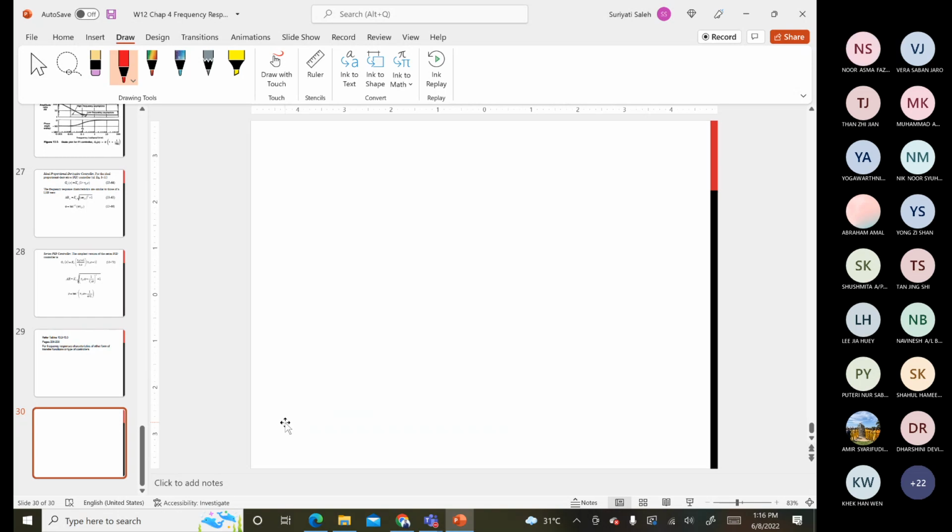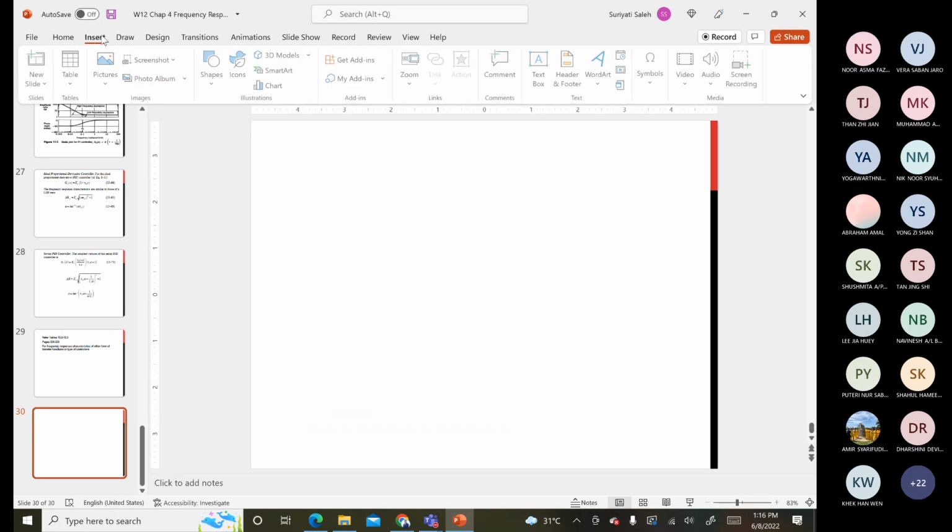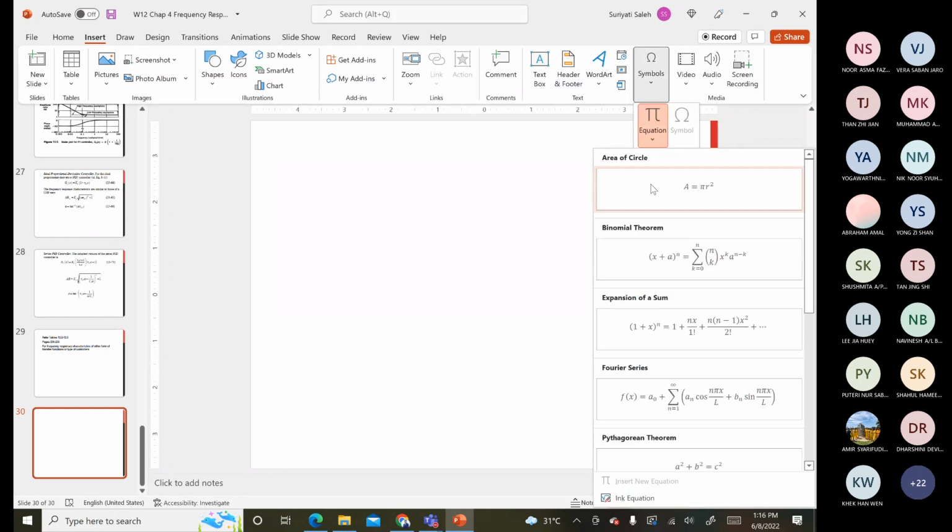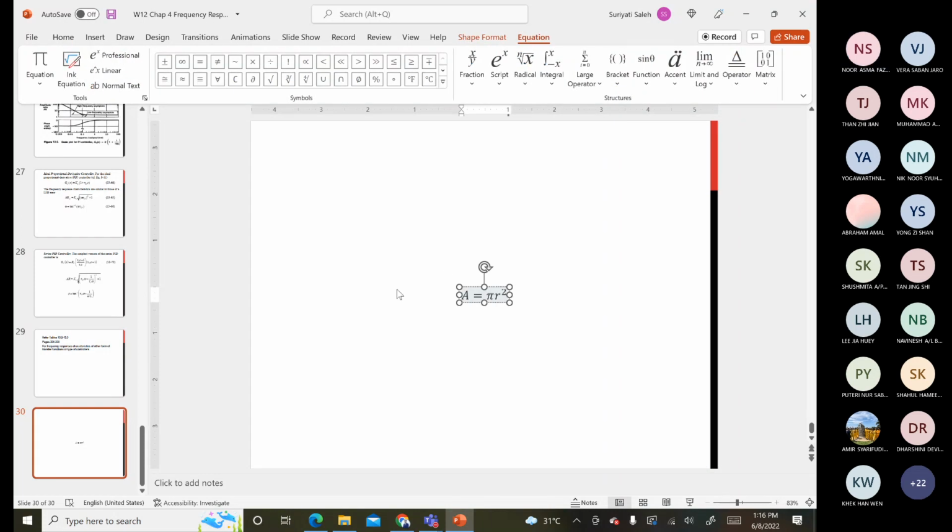All right. Let's say, so how to apply this kind of equation.